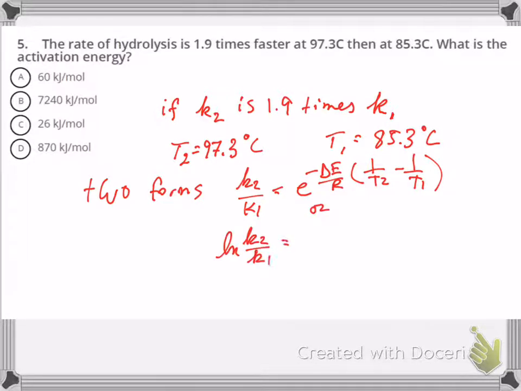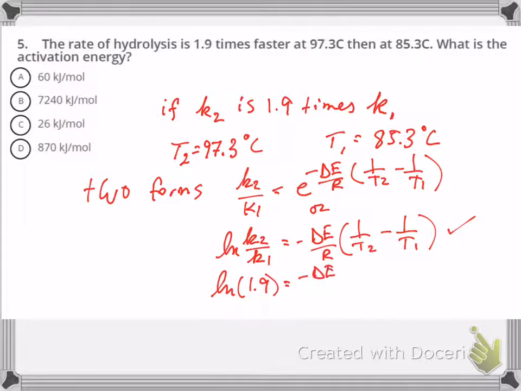There's another form in which we have the ln of K2 over K1 equal to minus delta E over R times the difference of the reciprocal temperatures. This form is much more convenient when you have K1 and K2, T1 and T2, and you're solving for delta E, because now the activation energy is not in the exponent. They're both equivalent. All we did was take the ln of both sides, right? So we'll use that one. We know the ratio is 1.9, so we can plug that in.